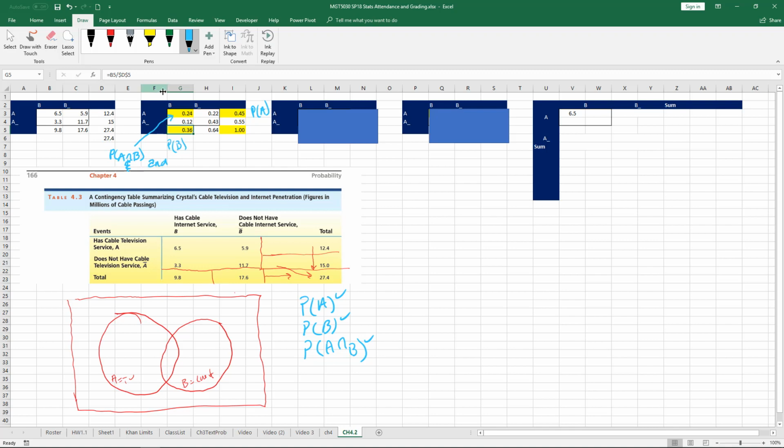Now, in conditional probability, what we're trying to do is reduce the set from the population down to some characteristic that we know. So for instance, suppose we know that the customer has internet service, what's the probability that they also have TV? Or vice versa, given that they have TV, what's the probability that they have internet?